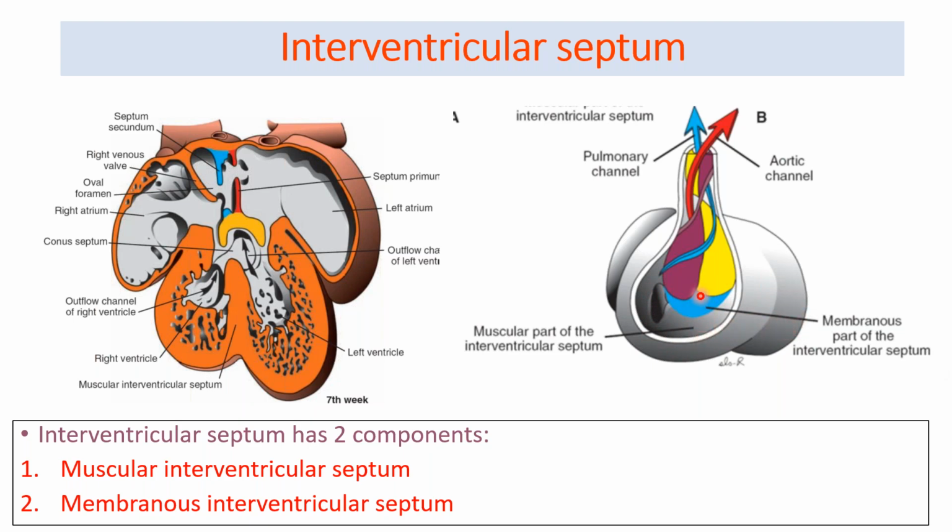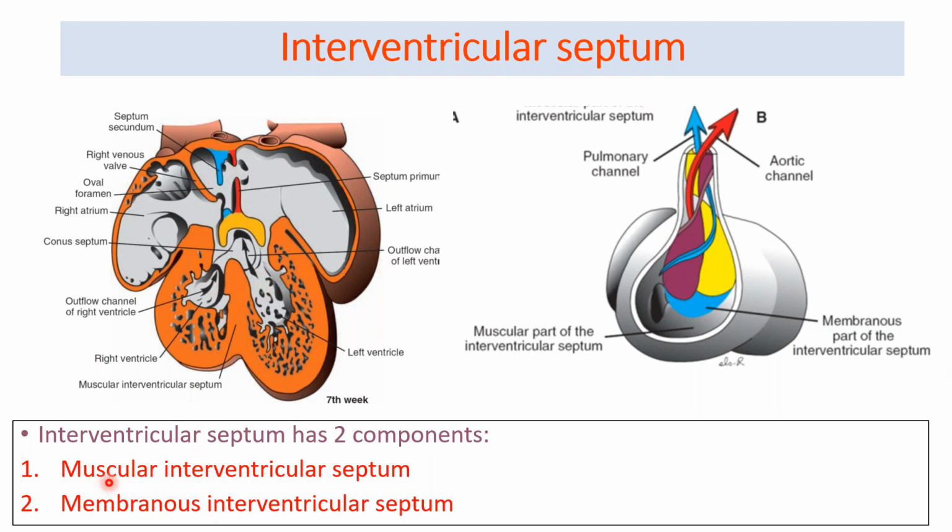So this is how the interventricular septum is going to form between the two ventricles. In this picture, we can see this is the left ventricle and this one is the right ventricle. And this septum, which is trying to form between the two ventricles, is the interventricular septum. So let us see the formation of the interventricular septum, which separates the two ventricles. It has two components.